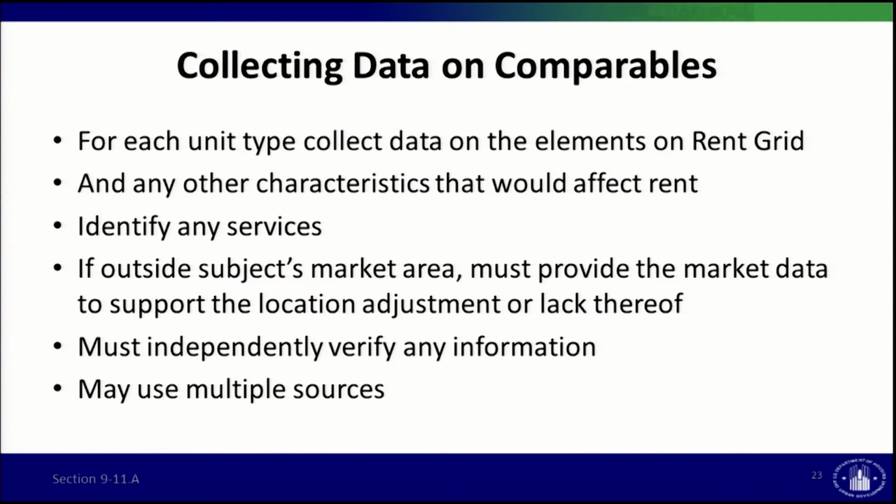You also have to identify any services offered at the comp. If it's outside the subject's market area, you also must provide the market data that we will discuss shortly. You must independently verify any information. However, you are not restricted as to the sources of information necessary to support yourself. You may use multiple sources, as many as you wish, to justify your conclusions.